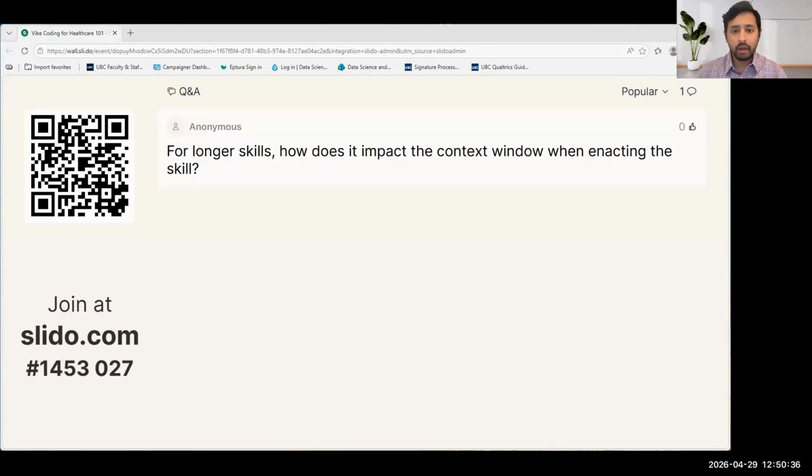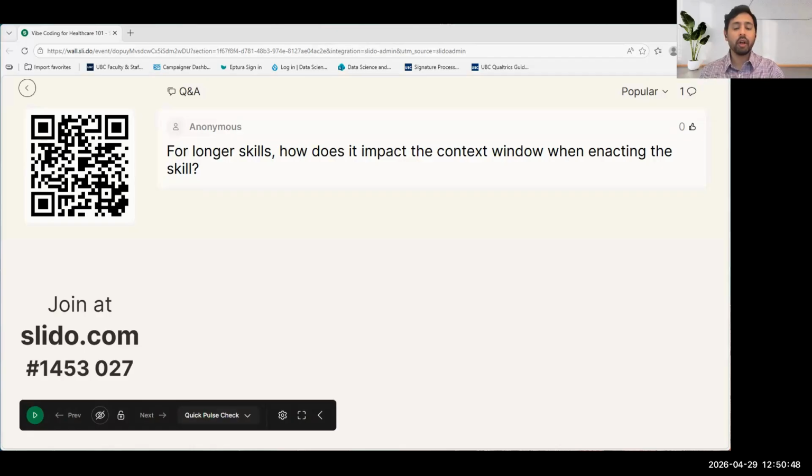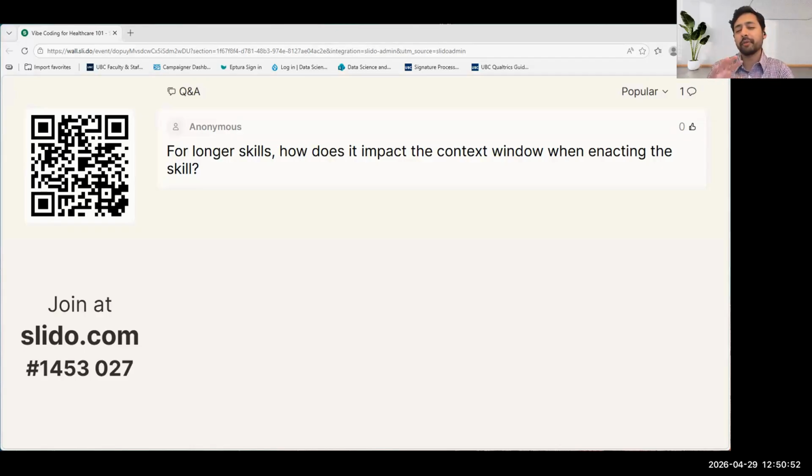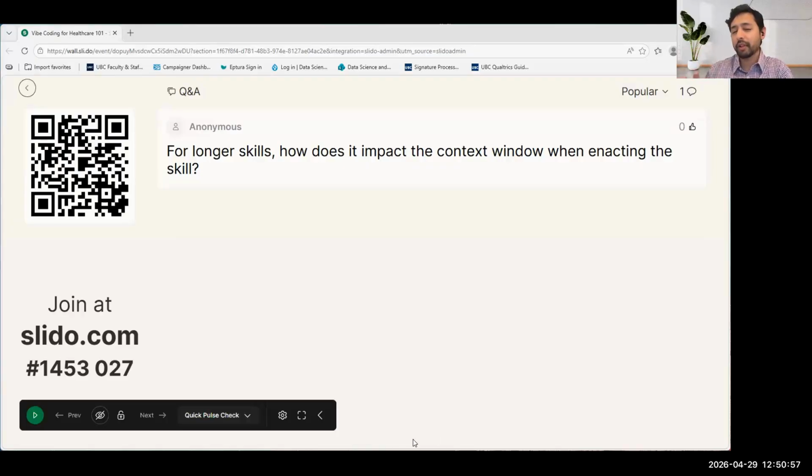And for longer skills, how does it impact the context window? That's a good question as well. Is it how it impacts the context window from the LLM perspective?